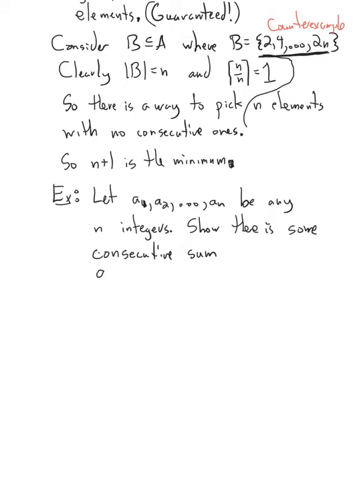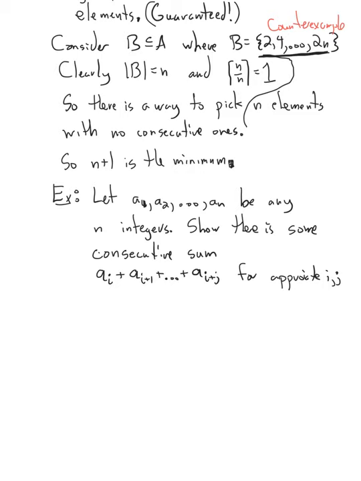So you start somewhere, say at the ith term, and you add the i plus 1th term all the way to the i plus, let's say, jth term for appropriate i and j.